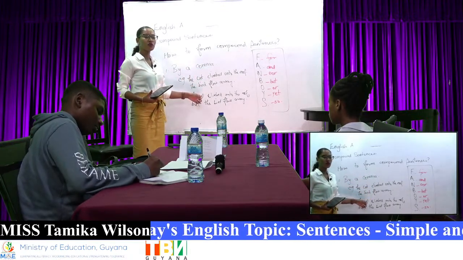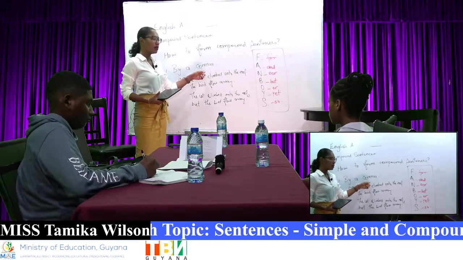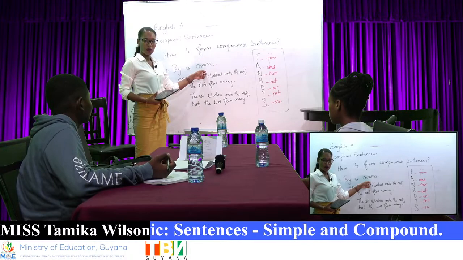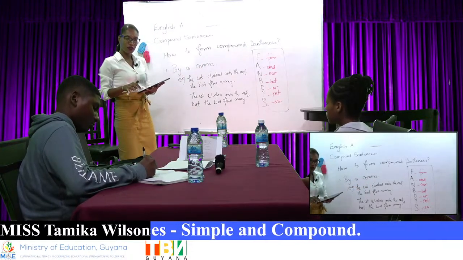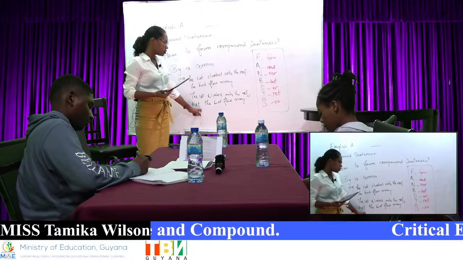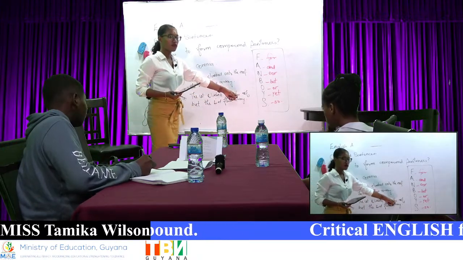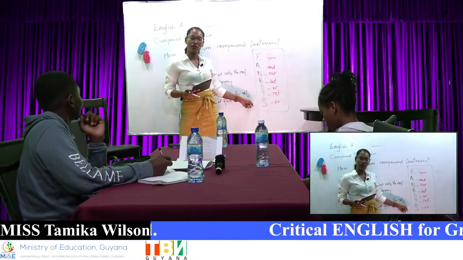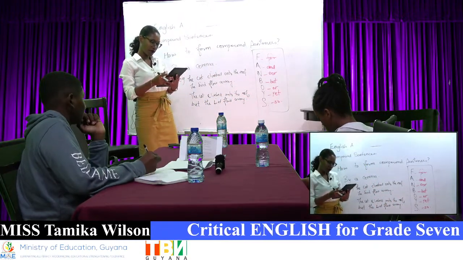So one way of joining is using a comma with the conjunction. Whenever we use a conjunction to join the sentences, we must use the comma. All right? Moving on. So do we understand that? Yes, miss. If we're going to use conjunctions to join our sentences, then we must use the comma after the first simple sentence, before the conjunction. All right?